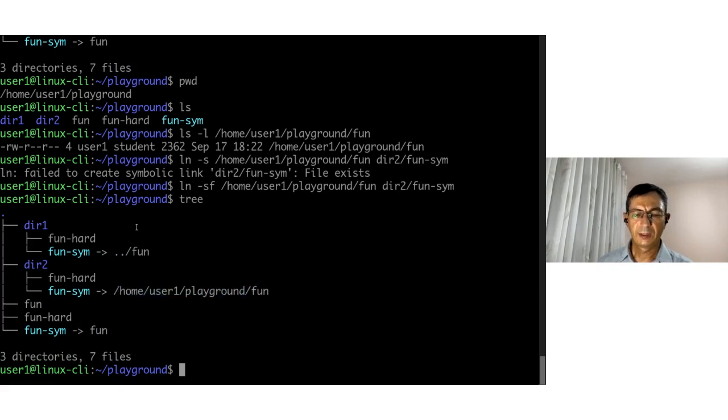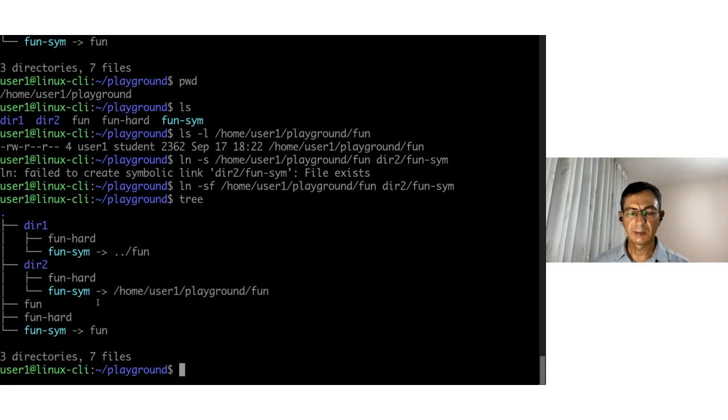For example, if I'm going to rename this directory, the current directory, or to move it to another location, then all the symbolic links that use a relative path like this one will still be valid. So the path will still be correct. But the absolute path will be broken because now the name of the directory is not playground, but something else. So this symbolic link, in this case, will be broken.